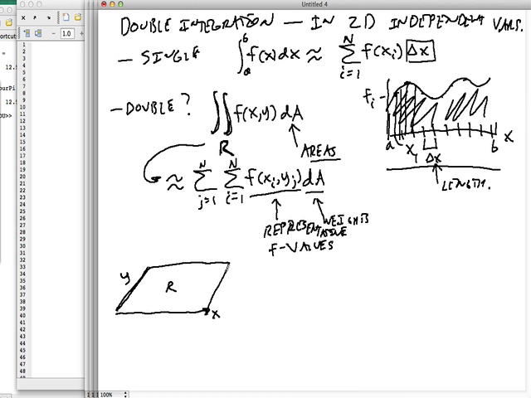We multiply by dA, this tiny area differential representing a tiny box of area. We call it delta A because it's a finite area, and we can tile the whole rectangle with a bunch of delta A's. F is going to be some surface that sits above it.